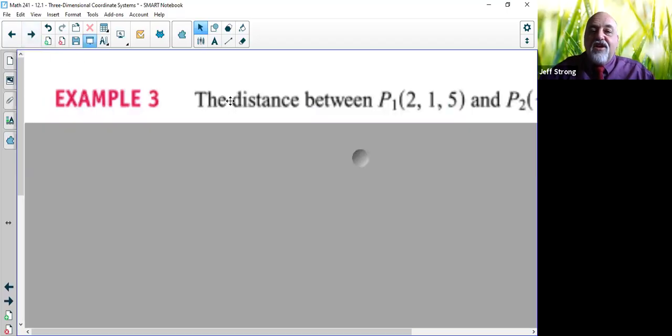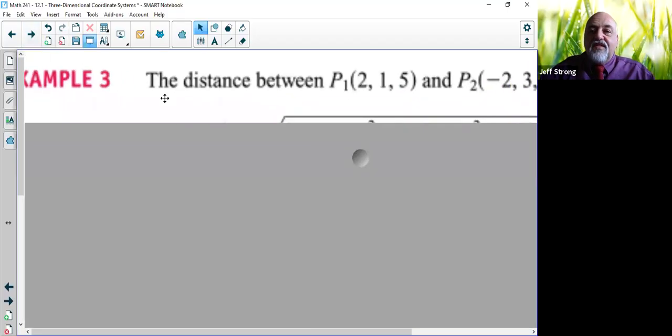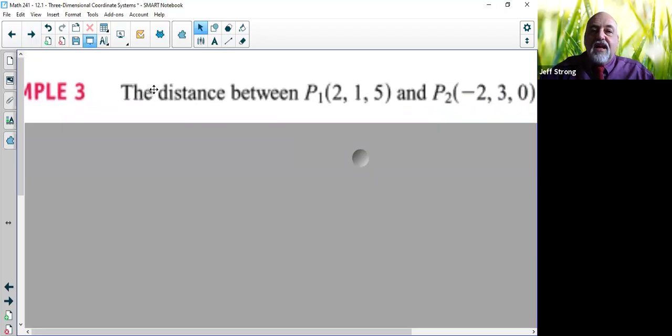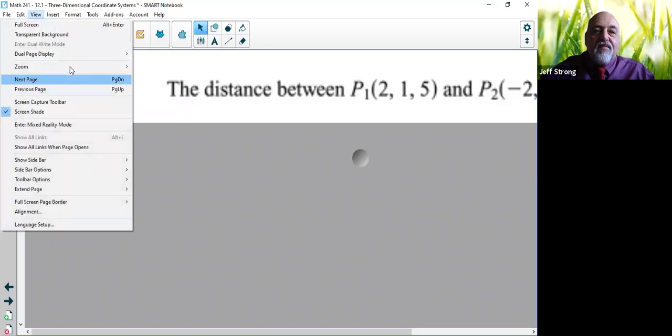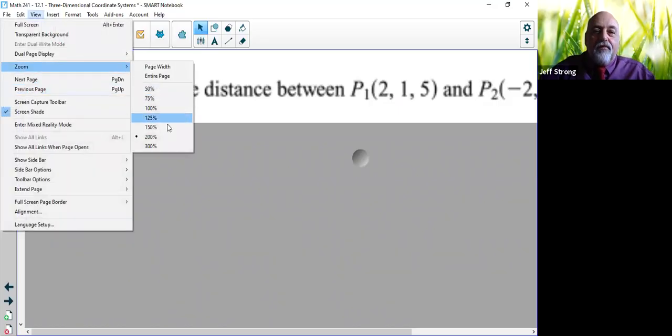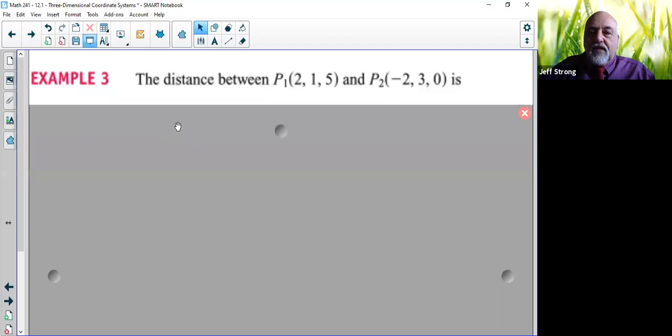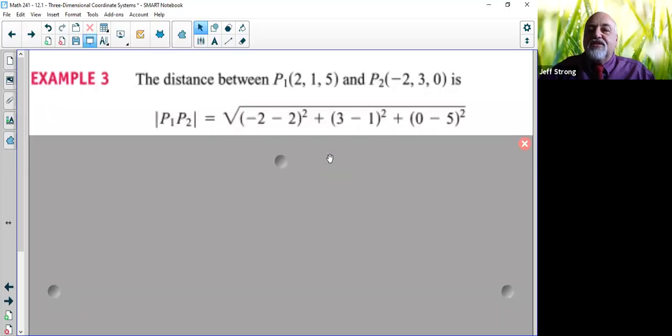So if I want to know the distance between the points, let's see. I'm still zoomed in. That's the problem. Okay, between these 2 points. So then what I would do is just plug those into the formula. The distance, the square root of the difference of the x squared plus the difference in the y's.